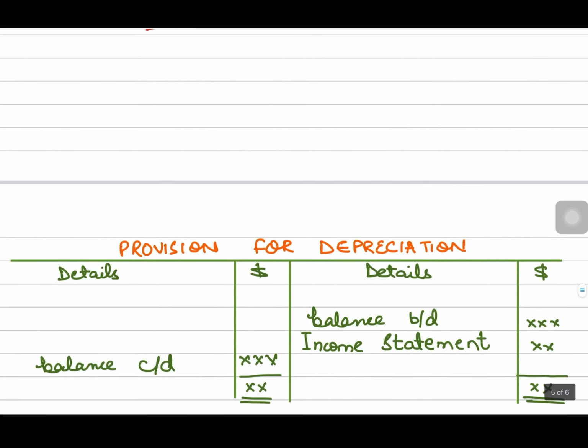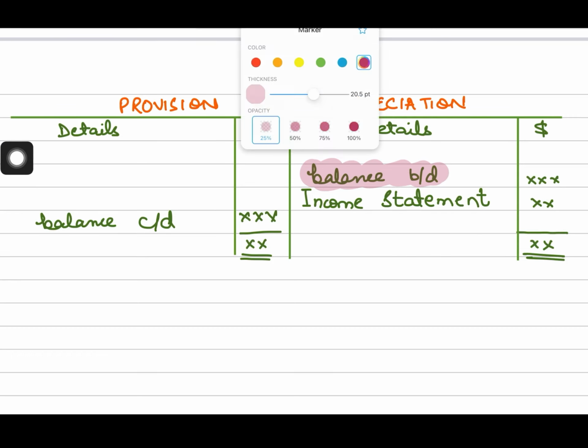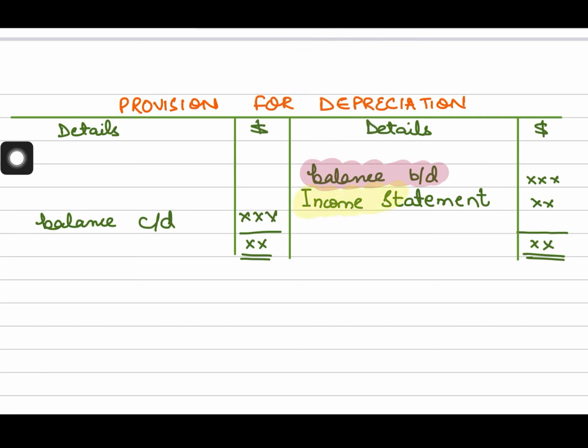So let me just give you a recap of the provision for depreciation account. First of all, you write the balance brought down, which appears on the credit side, opposite side. Then for current year depreciation only, we make the double entry by crediting provision for depreciation and debiting income statement. So only current year depreciation is recorded in the account as this figure, with the name of income statement. Then we add these two figures so that we have the accumulated depreciation.